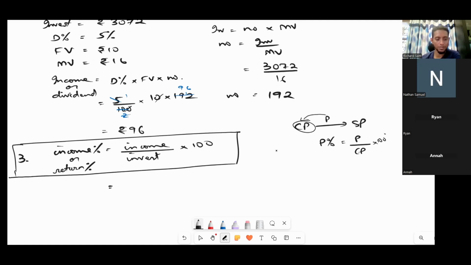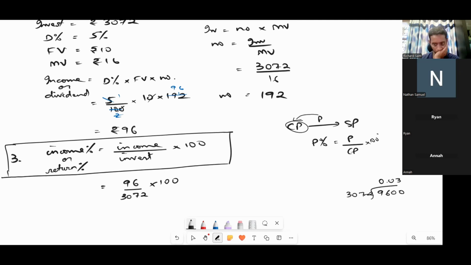Anyone got the income percent? So it's 96 upon 3072 into 100. 25 upon 8. Okay, then divide that and convert that into a percent. Like make it a mixed fraction. That's enough. Yeah, here it is going decimal.